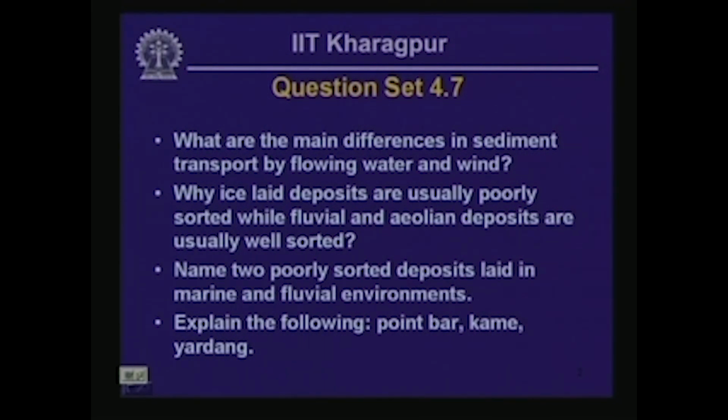The basic processes involved in sediment transport by both water and wind are quite similar, but the basic difference arises because the buoyant weight of the sediment particles transported by these agents varies quite a bit, because the unit weight of air under ambient conditions is about 1/1000th of that of water.